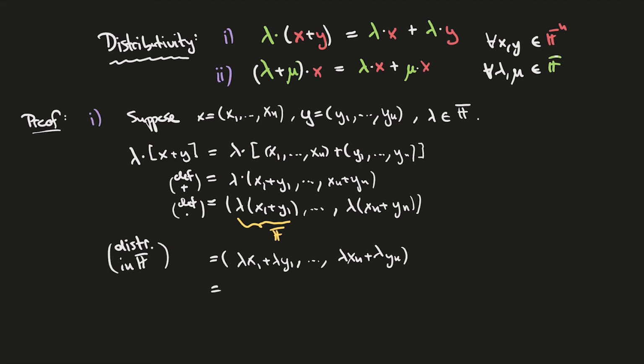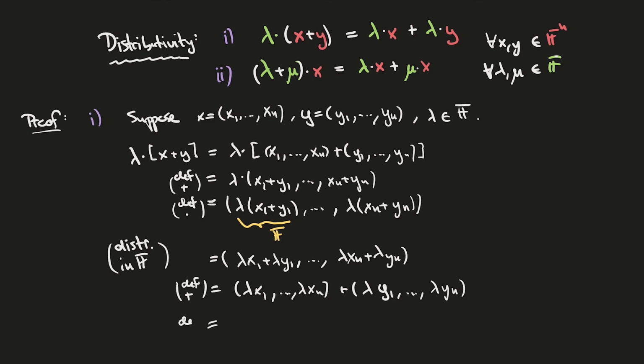We can now apply the definition of addition in reverse to separate out the terms that contain x and those that contain y. So what we end up with is (lambda x1, all the way up to lambda xn) plus (lambda y1, all the way up to lambda yn).